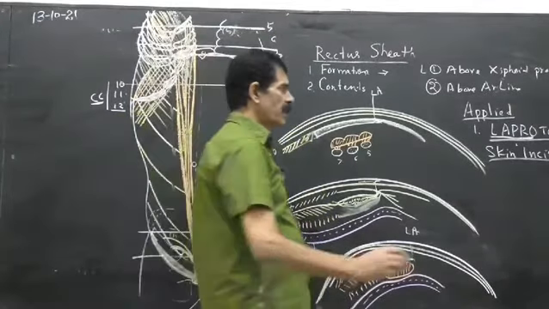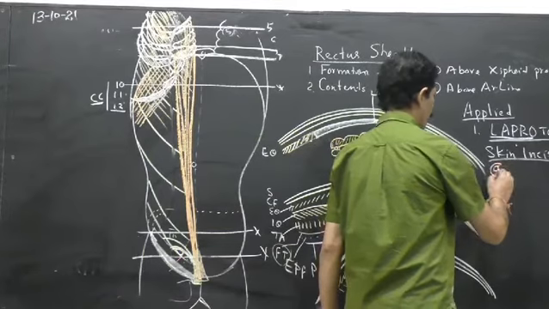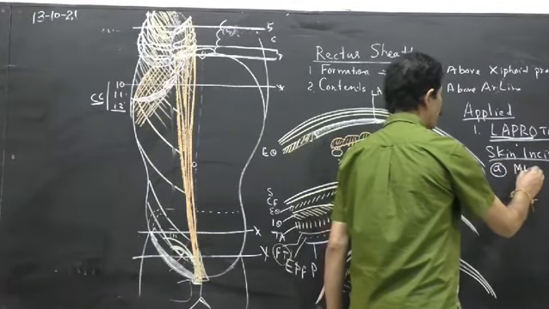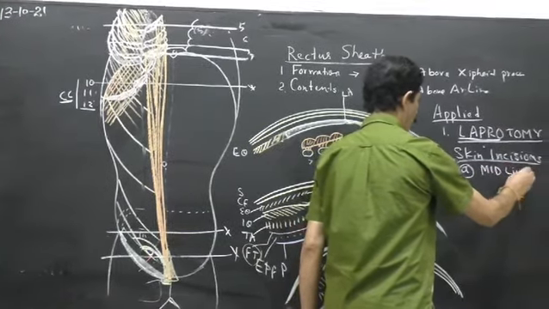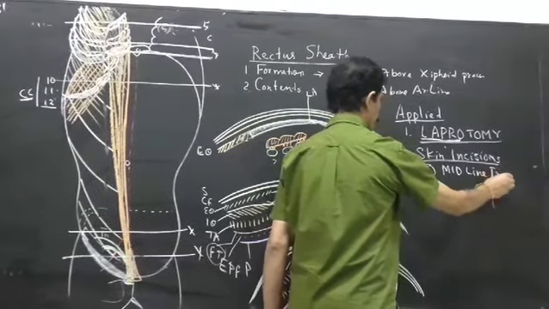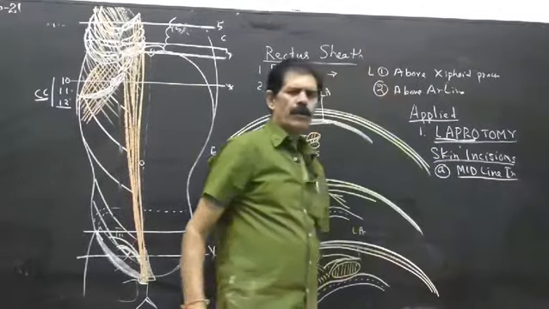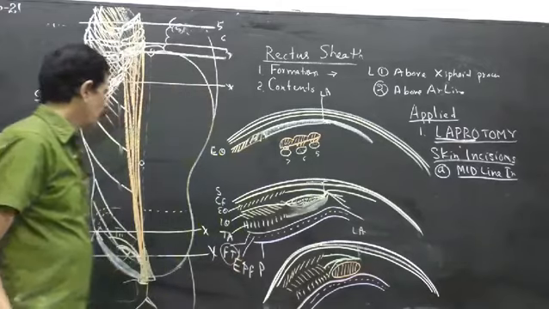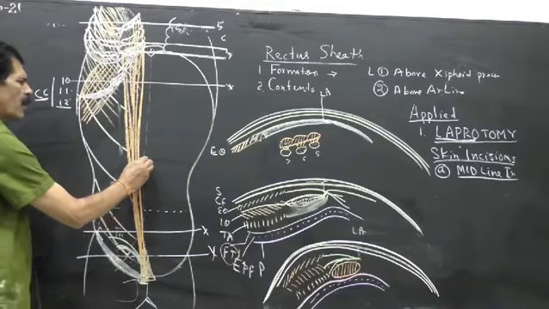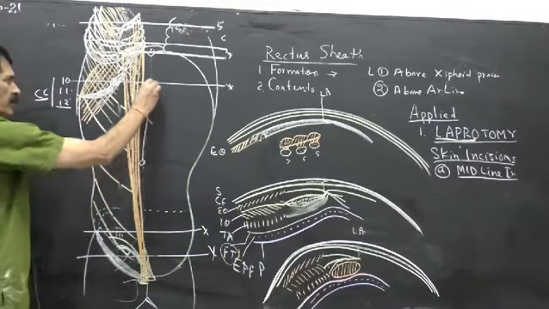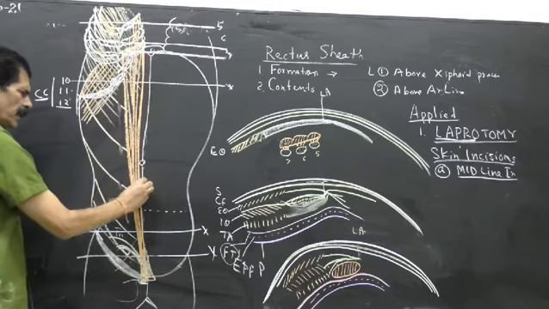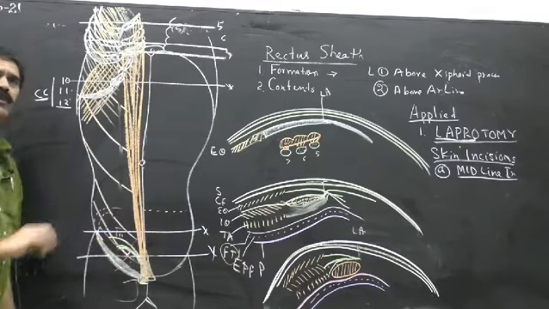One of the skin incisions is called the midline incision. Midline incisions above the umbilicus are not safe, but below the umbilicus they are safe.